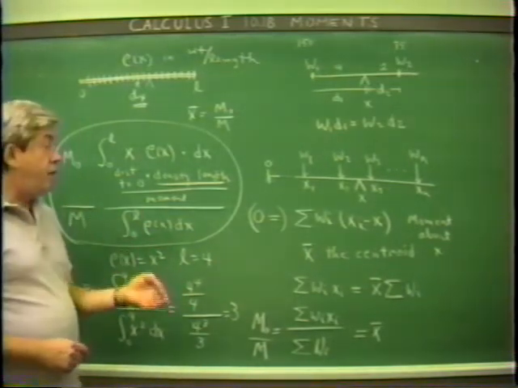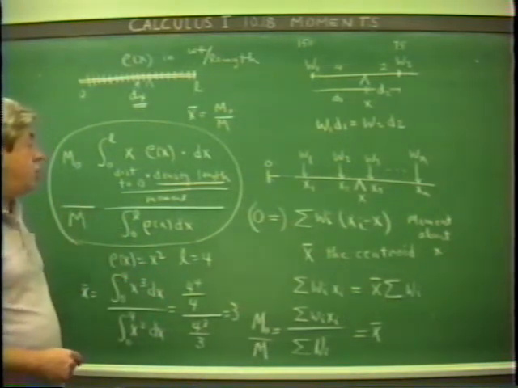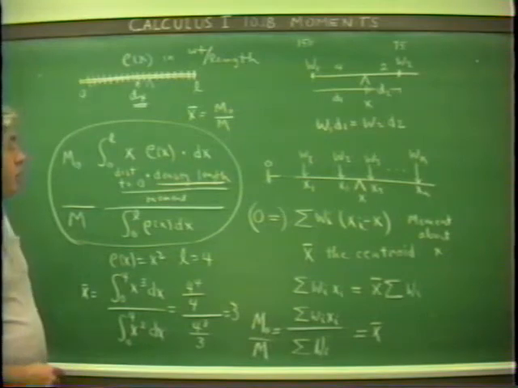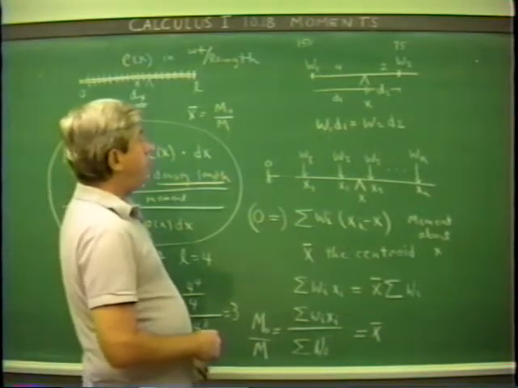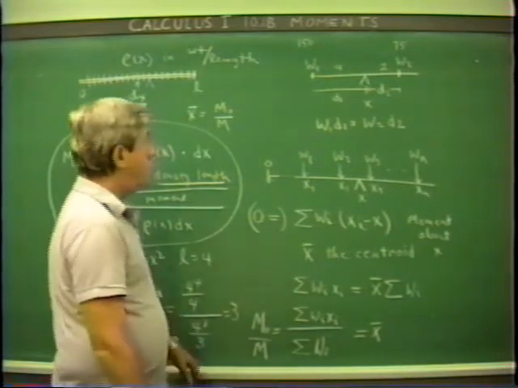The situation gets to be more complicated if we take a look at objects in the plane, where we want to find out where their center of gravity is, at what point they will balance, or three-dimensional objects. We'll take a look at those shortly.